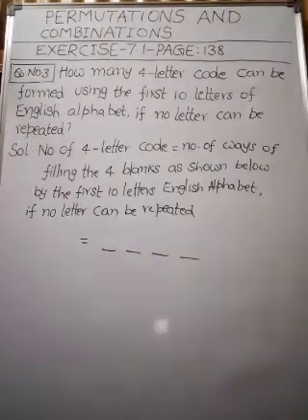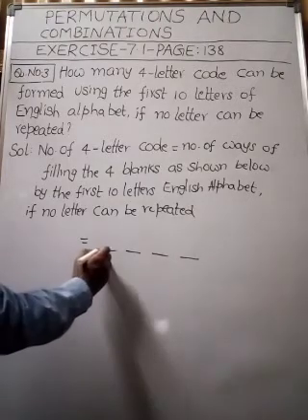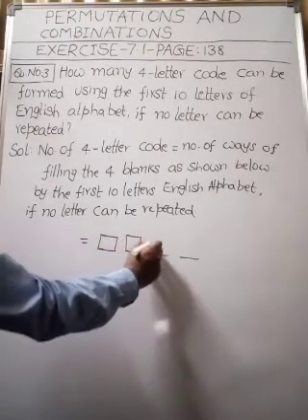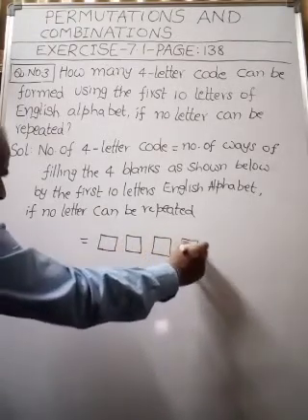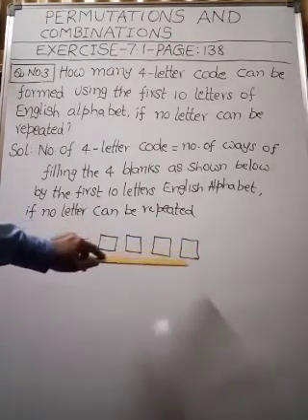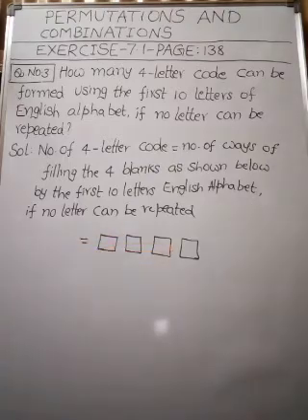In that code, how many letters are required? 4-letter code. So we have taken 4 blanks, 4 empty boxes. It means we have to perform 4 events, one after the other. Isn't it, my children?